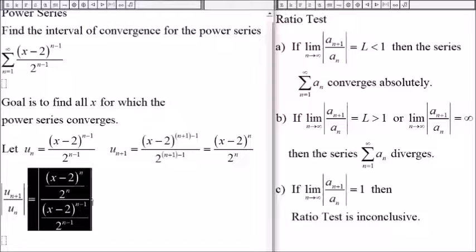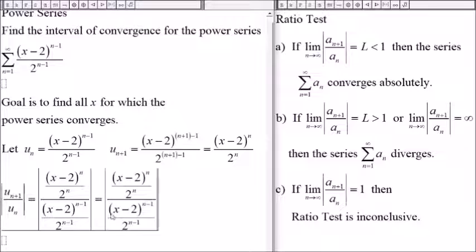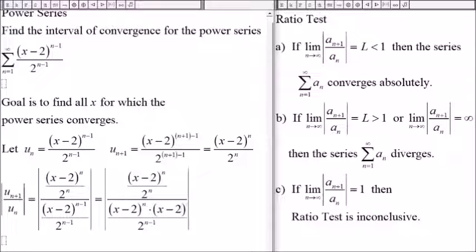So let's simplify a little bit. (x minus 2) to the n minus 1 is the same as (x minus 2) to the n times (x minus 2) to the negative 1. And 2 to the n minus 1 is the same as 2 to the n times 2 to the negative 1.